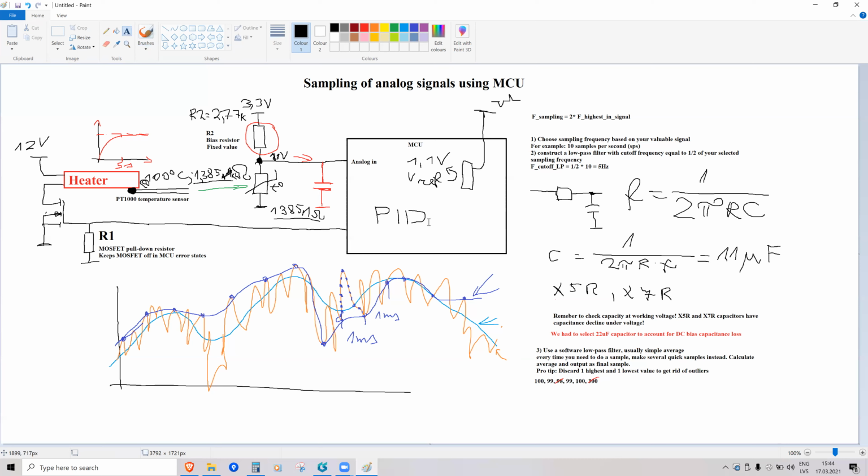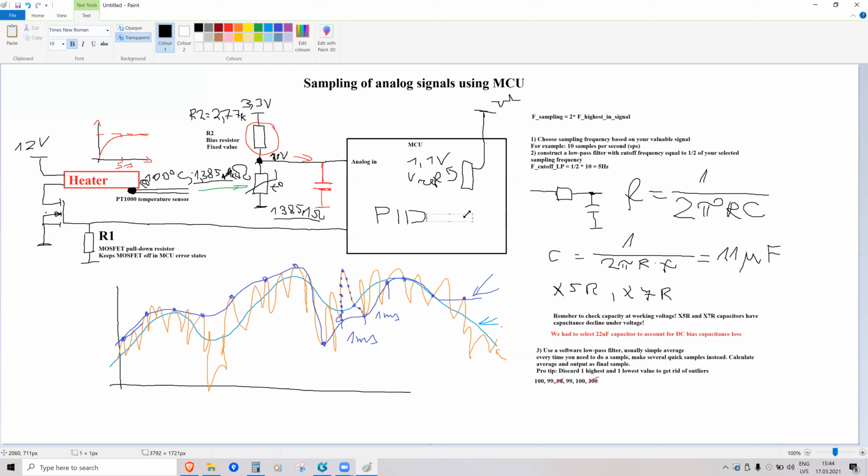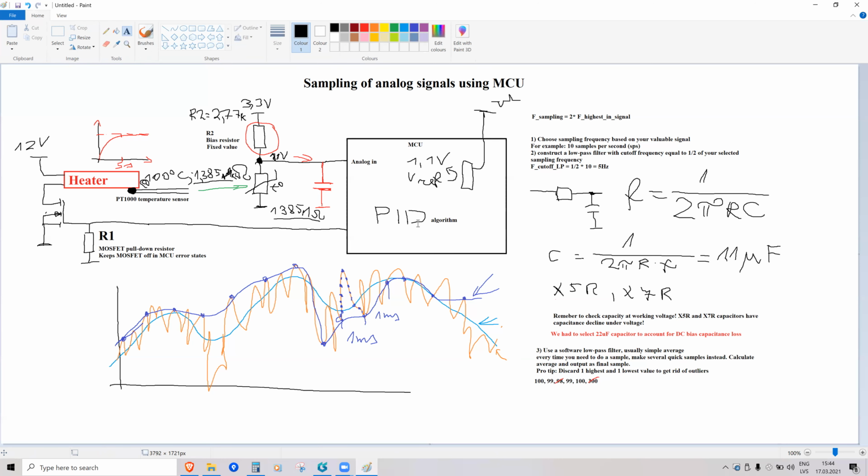In this case, it would be a PID algorithm inside, in software. You can also construct PID regulators from analog signals, but microcontrollers are used if you want to configure them. You just write new software. You don't have to change any component on the board.